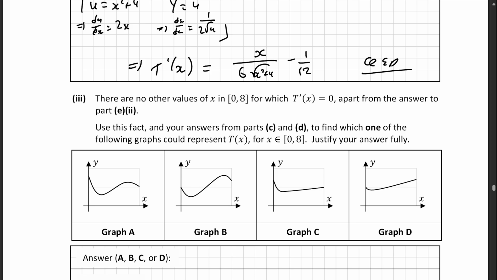We have to find the graph representing T of x. Okay, so it's not going to be that one because that has 2 turning points. This one also has 2 turning points. This one here doesn't appear to have a turning point, although it's probably down here. This one looks like it has a turning point there.